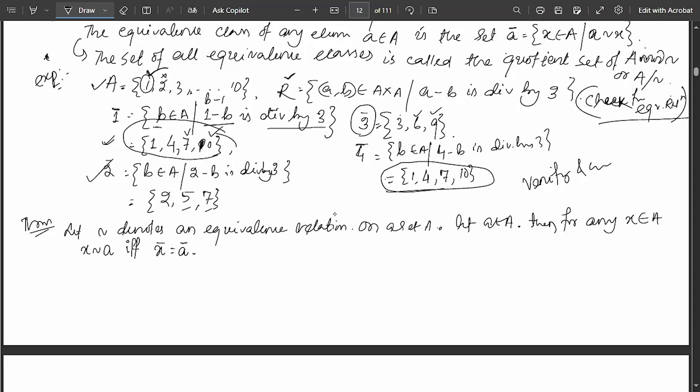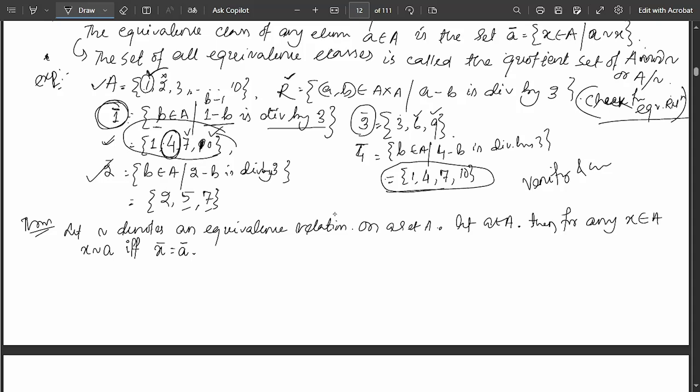So here one forms an equivalence relation with 4, and one forms an equivalence relation with 7.